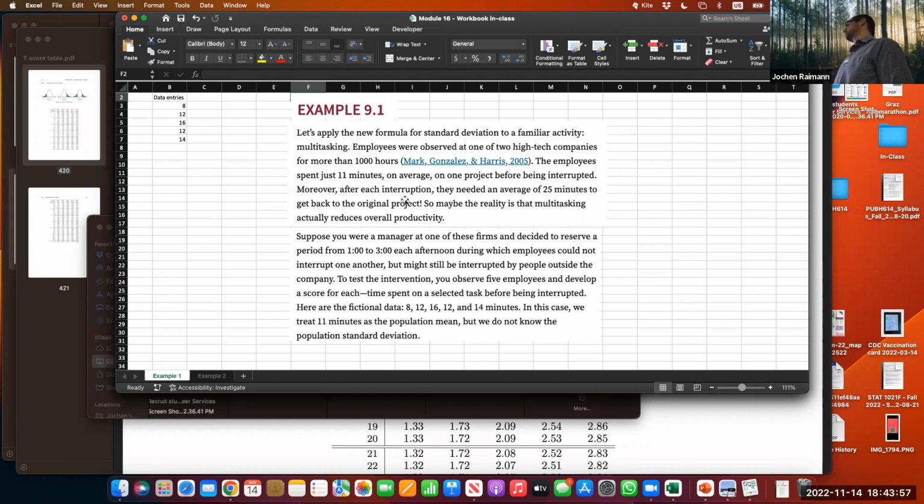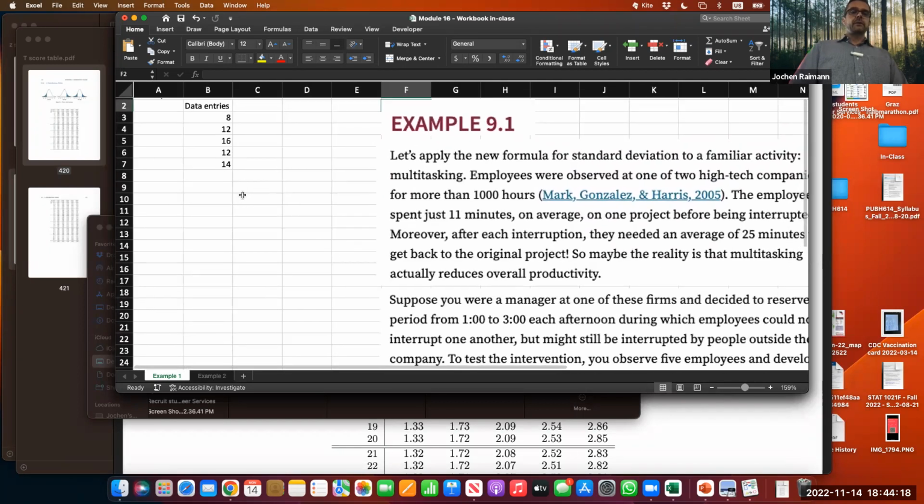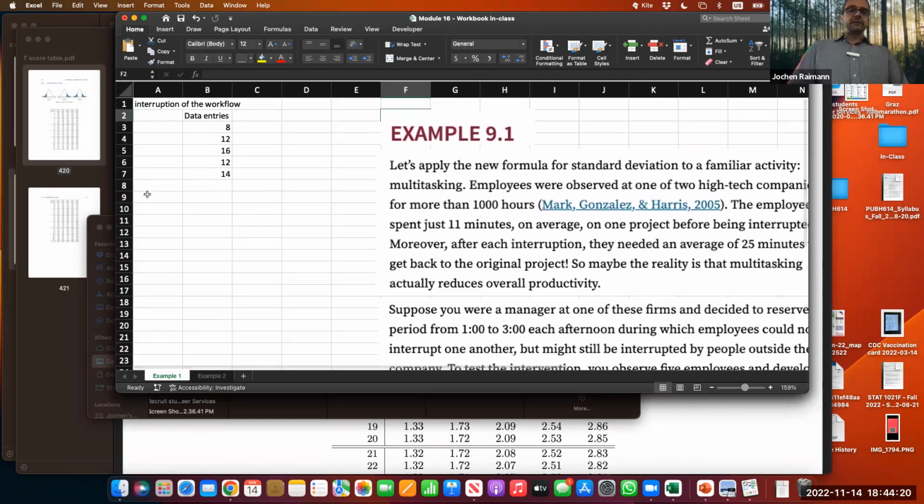Test intervention to develop a score for each time spent on a selected task before being interrupted. Okay, so we have a population mean of 11. We have 5 employees and 5 different scores, which I have here on the side already arranged. So we have a mu of 11.